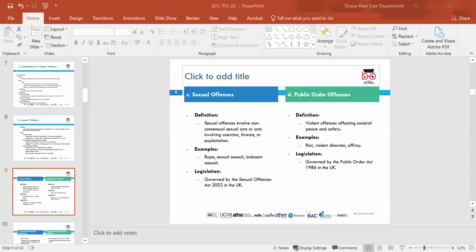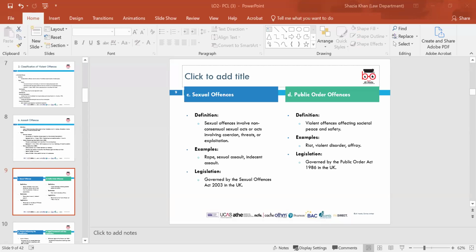The next one is the public order offence. Public order offences are crimes that involve violence, intimidation, or other disruptive behaviour in public. They are intended to punish people who use violence or intimidation to interfere with society's operations.